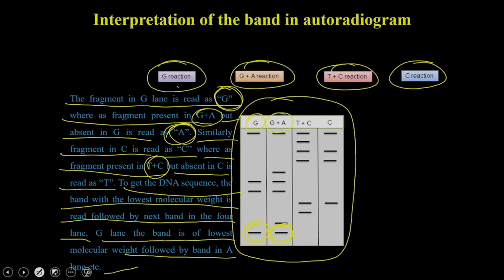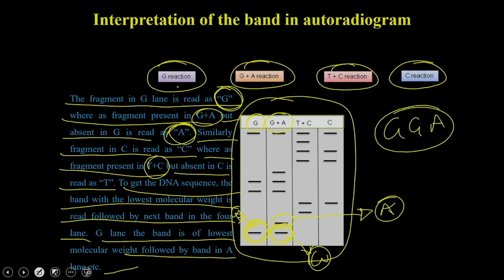The conventions are different. You have the G reaction and the G plus A reaction. If the bands are at the same height, then you read it as G, but if you have a band in G plus A at a slightly higher length with none in G, this is considered an A, whereas this is a G, and this is also a G, which means the sequence is GGA, like that.